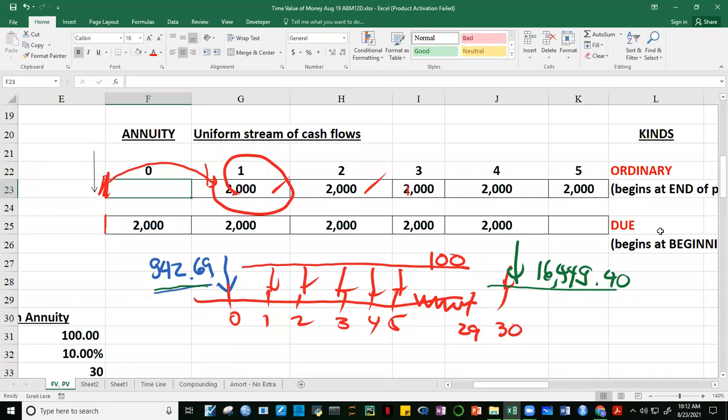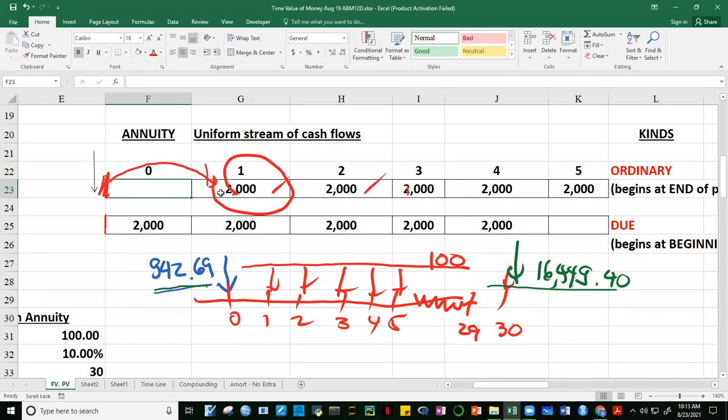Yung isa, Annuity Ordinary. Yung isa, Annuity Due. Yung unang annuity, guys, yung unang cash flow dyan sa taas, that's your Annuity Ordinary. Bakit siya ordinary? The cash flow starts at the end of the period. So transaction starts now, okay? And then, the first cash flow starts after the first period. Ganito yung mga, usually mga commercial loans, no?